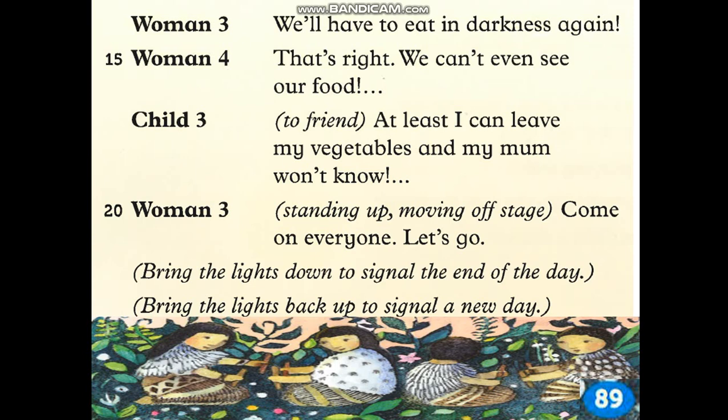Now, child number 3, he is sneaky. He's happy about it because there's a reason. He said, at least I can leave my vegetables and my mom won't know. She wouldn't know if I leave the vegetables that I don't like to eat because she can't see my plate. Now, woman 3, she's standing up.